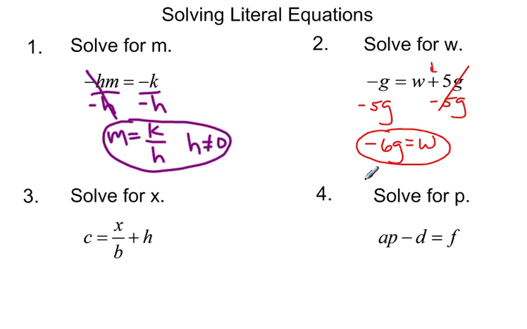Now, number 1 and 2 are both one-step equations. In 3 and 4, we're going to see we have two-step equations. So when we're doing two-step equations, you want to undo add and subtract, then undo multiply and divide, because this is the reverse of PEMDAS. Solve is to undo PEMDAS.